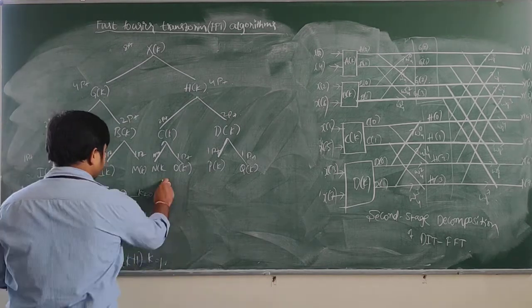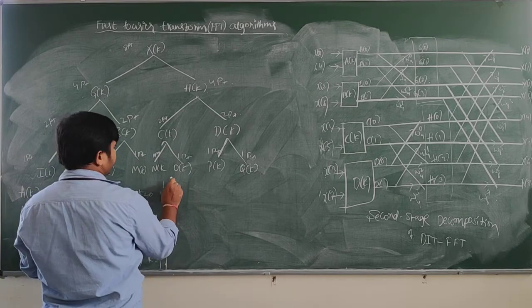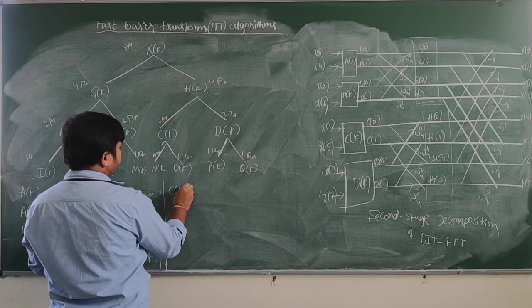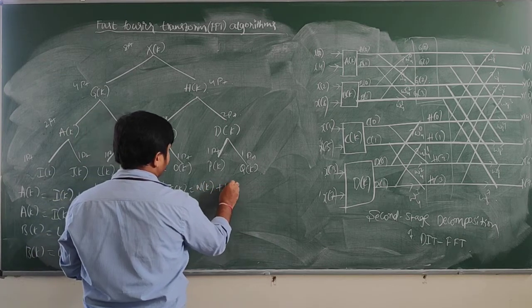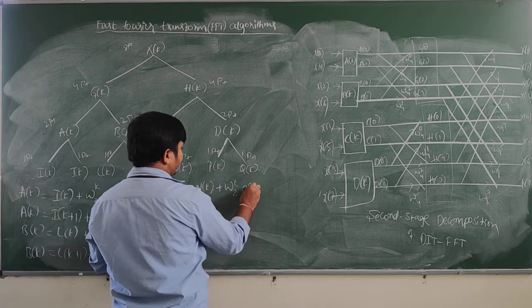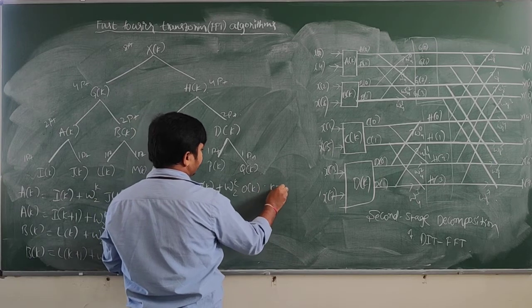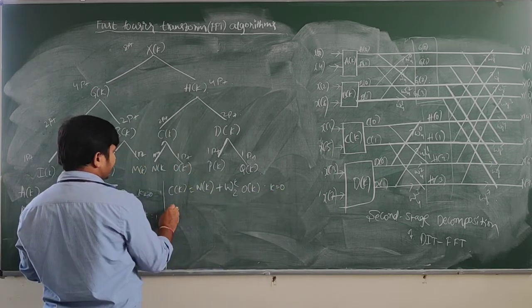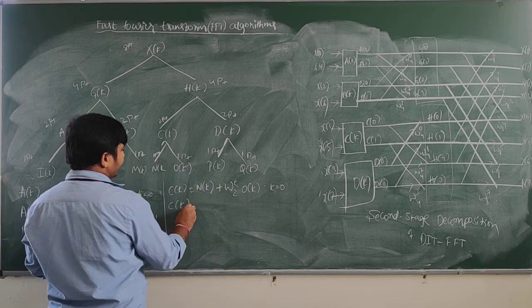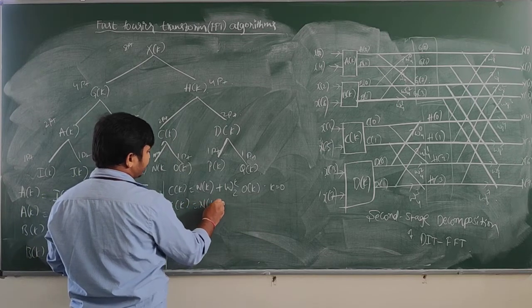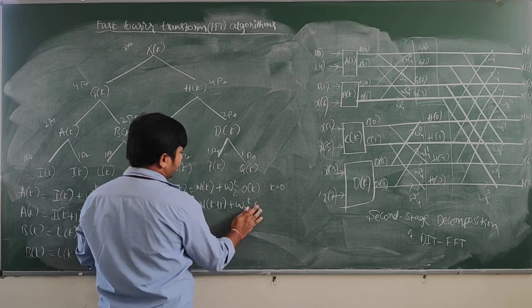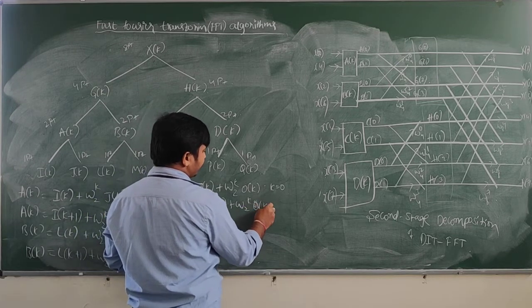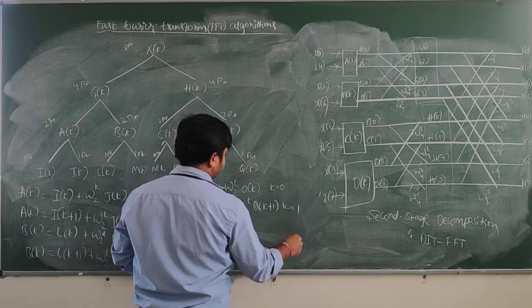Okay, so next, here c of k can be written as n of k plus w2 power k into o of k for k is equal to 0. So next, c of k is equal to n of k plus 1 plus w2 power k into o of k plus 1 for k is equal to 1.